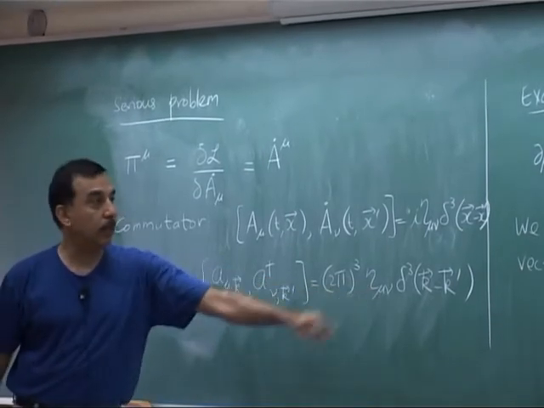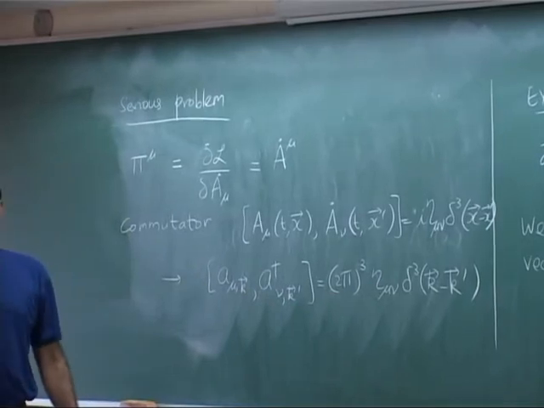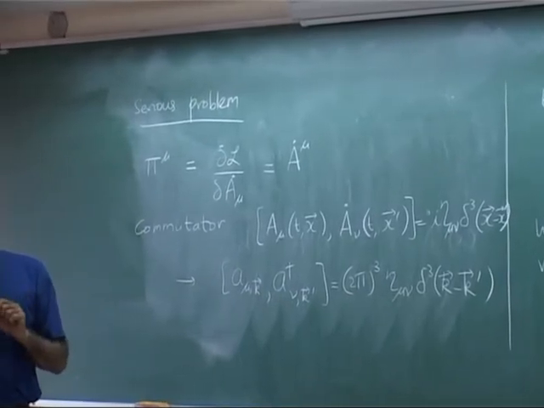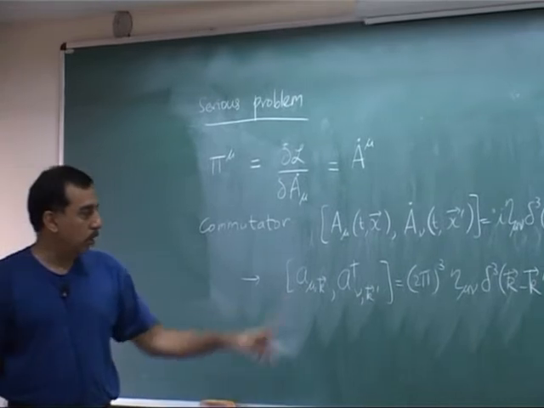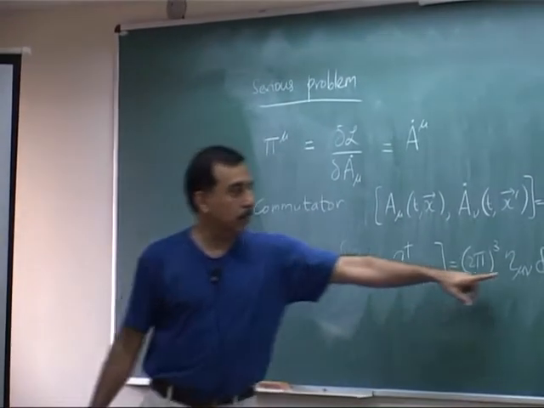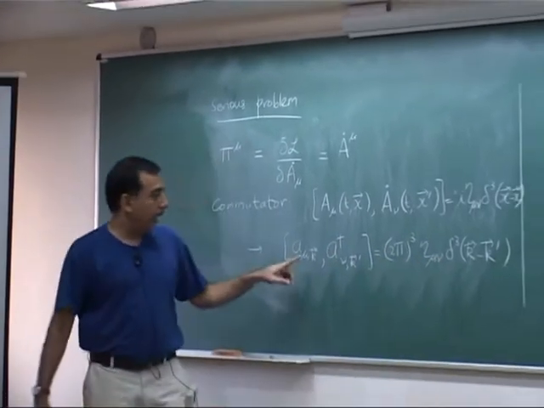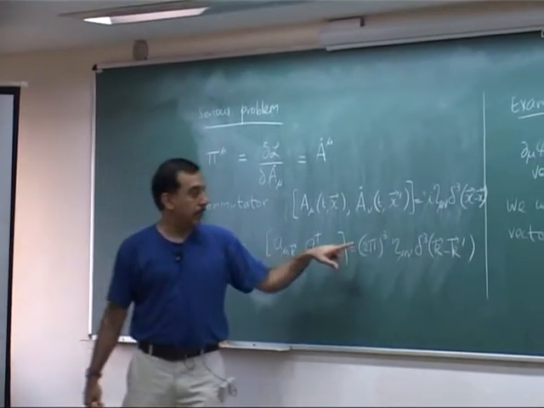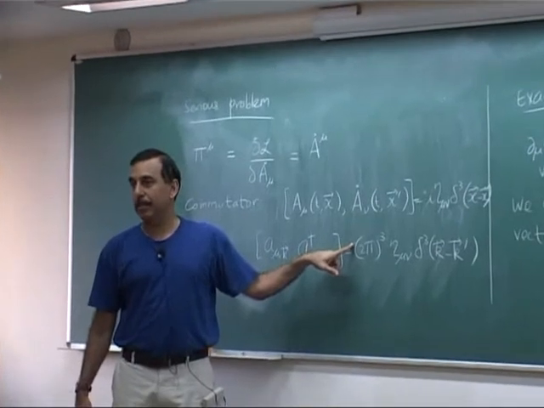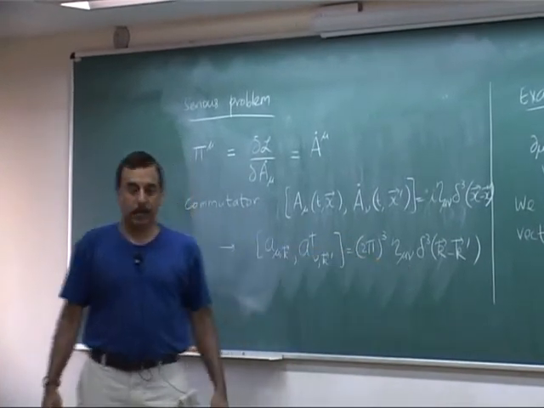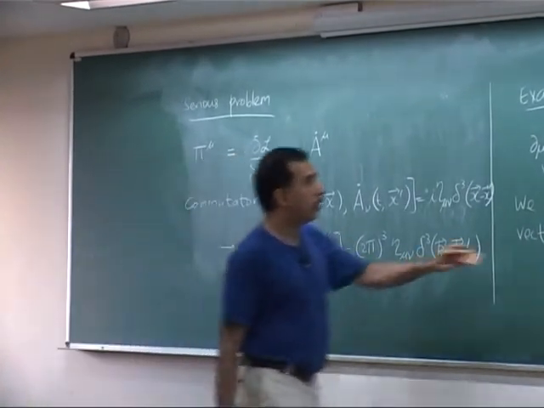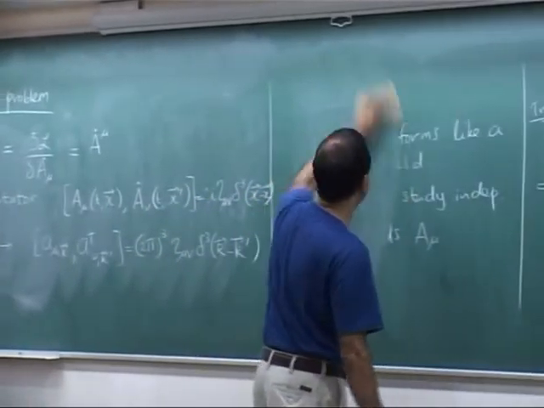What is eta? Eta is diagonal 1, minus 1, minus 1, minus 1. So while A naught with A naught dagger is 2 pi cubed times delta 3, A i and A j dagger have a minus sign on the right because of this eta. So that's very unusual.